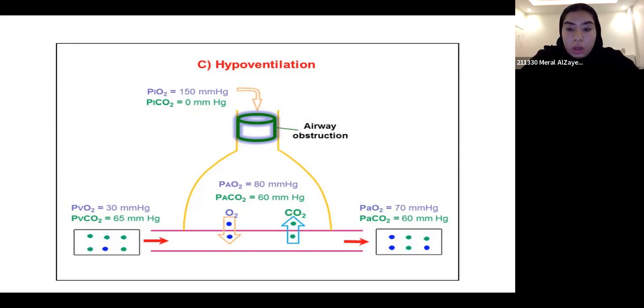So again, when looking at the arterial side in hypoventilation, the partial pressure of carbon dioxide should be the same as in the alveoli. So it's 60 here and 60 here. And only the oxygen partial pressure decreases here compared to here.